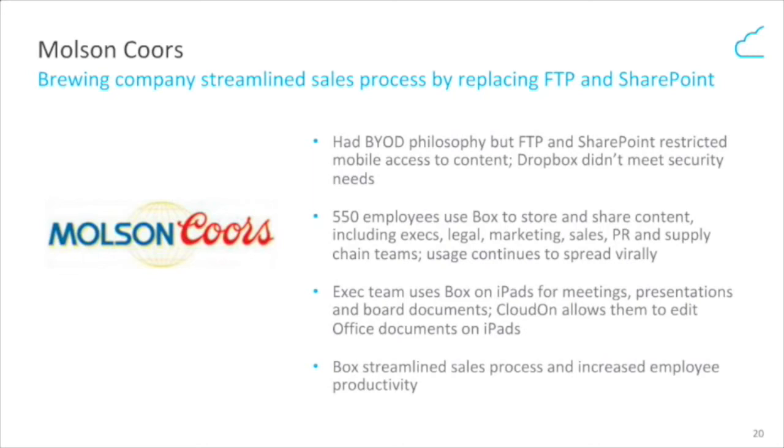The whole thing with their philosophy was that FTP and SharePoint did not match up to their needs because accessing mobile content is a little bit tricky with those solutions. And Dropbox had the famous security problem where you could lose a lot of data and you could be really, really insecure if you shared your Dropbox files or your Box files with the help of Dropbox on your own device.